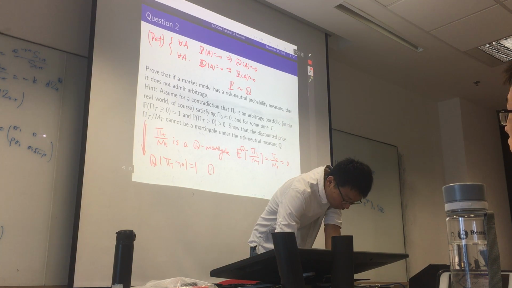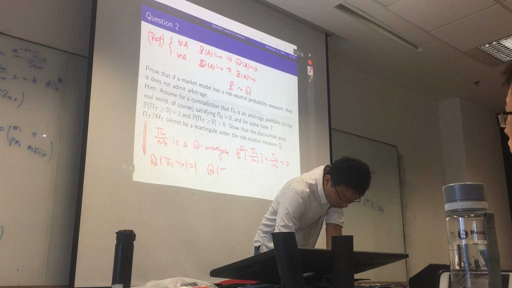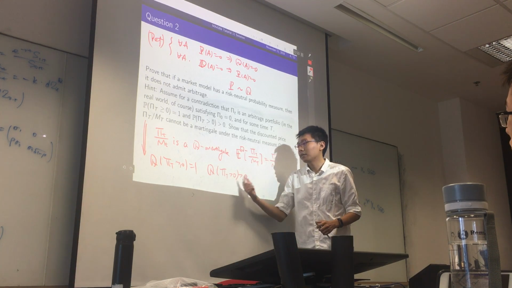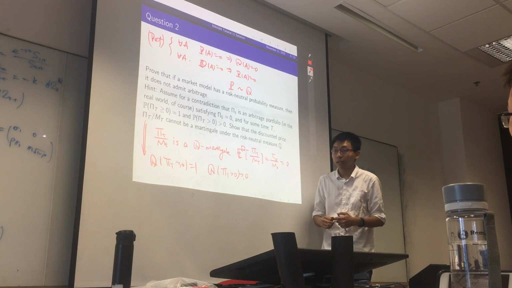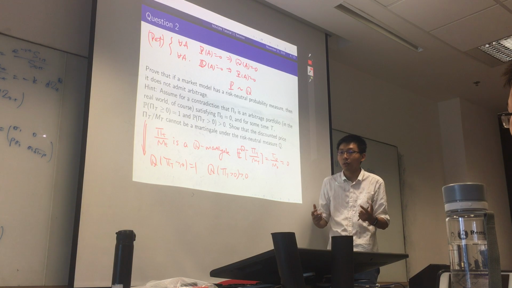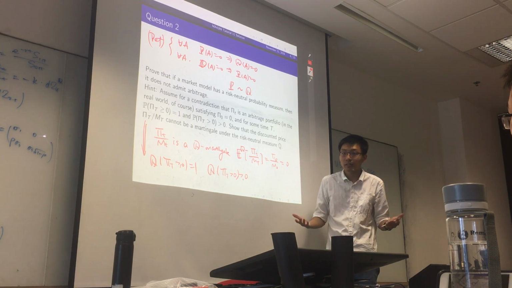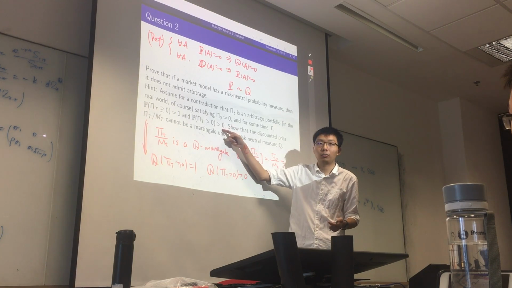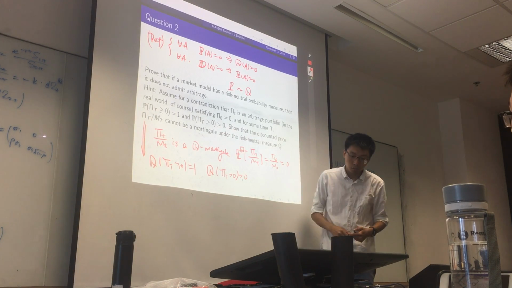And the second statement can be translated in this way as well. Pi t larger than 0 is possible. You think this event is possible, I will also think this event is possible. Otherwise, it contradicts this assumption here.